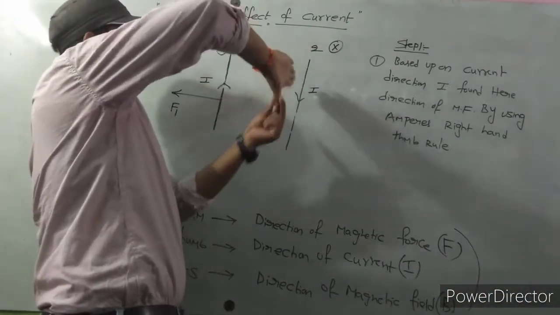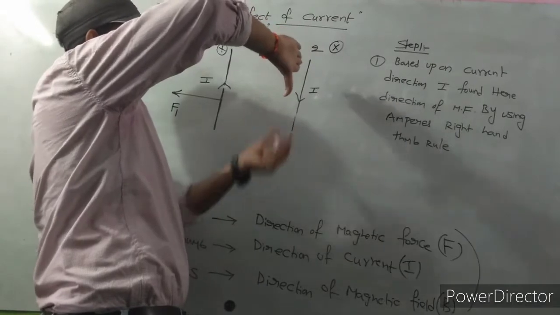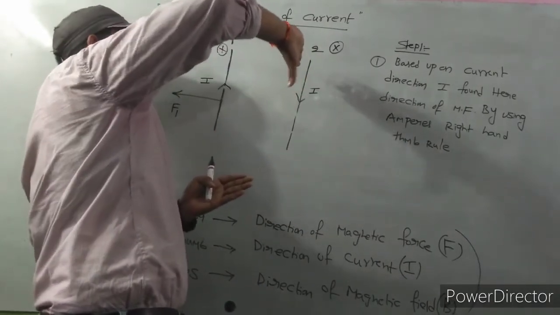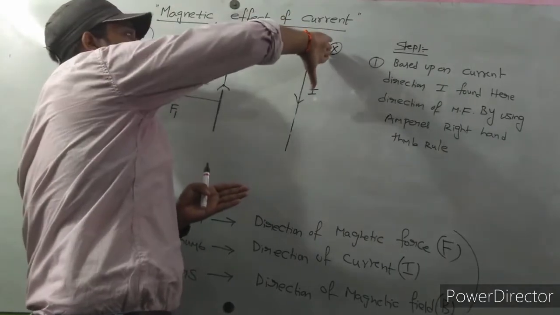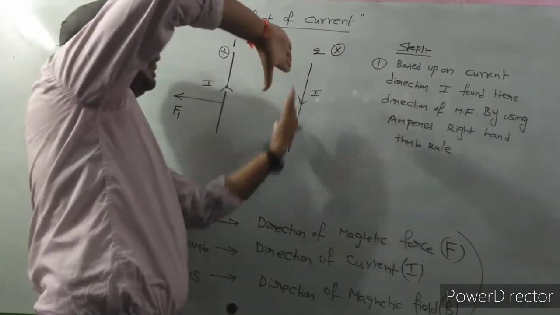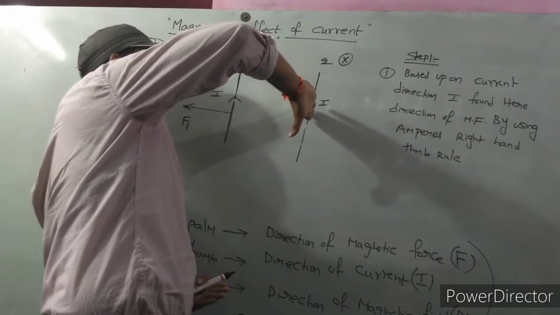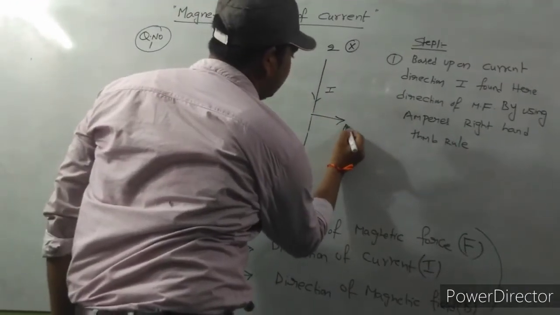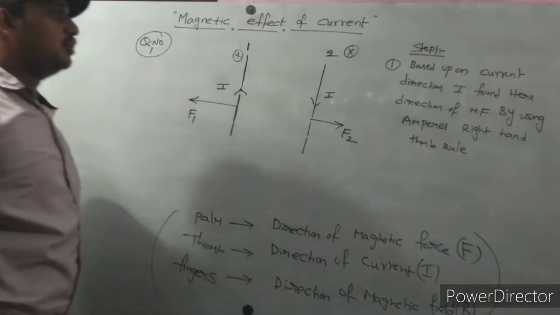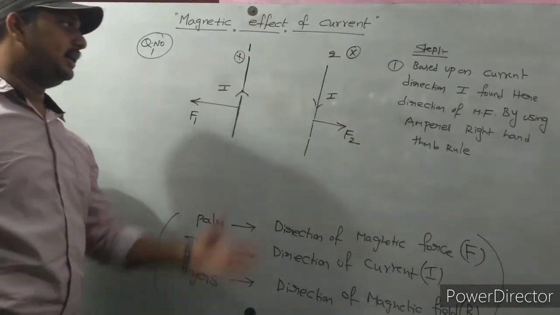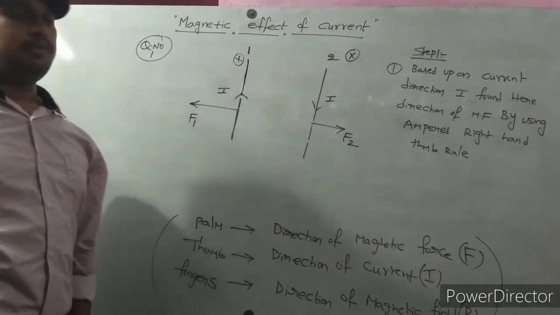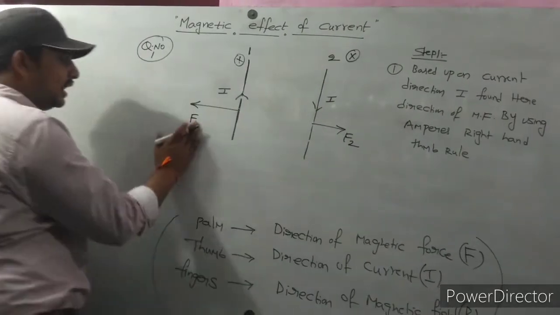The thumb is in the downward direction because the current direction is downward. The fingers indicate into the face, because the magnetic field is into the face. Now observe the force direction. The force direction is like this. This is F2. So the force acting due to the second conductor is F2, in this direction. You can indicate like this also.